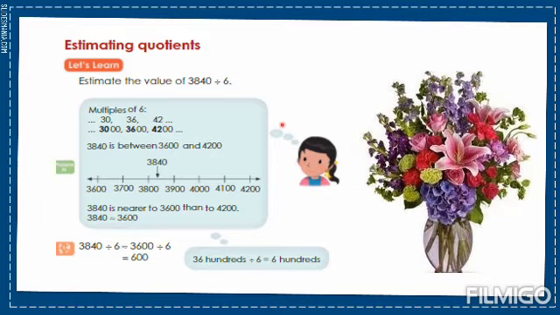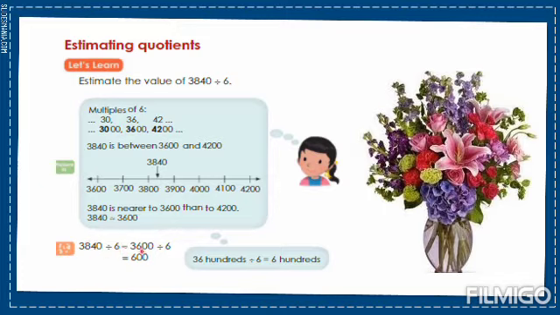So as you see here, since we have only a one-digit divisor, which is the 6, you don't need to round off your 6. You only round off if your divisor is composed of 2 digits, 3 or more. So as you see there, you need to find the closest multiple of 6 to your original dividend, which was 3,840.